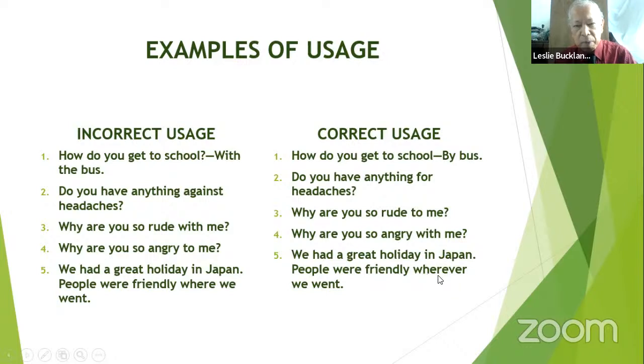So wherever would be more accurate, or more specific in showing that you were not just in one part of Japan, but in different areas of the country of Japan. We had a great holiday in Japan. People were friendly wherever we went.